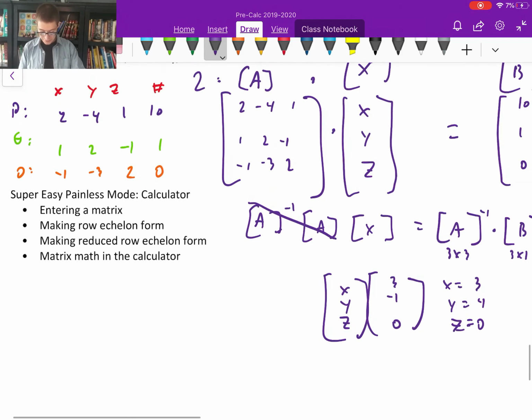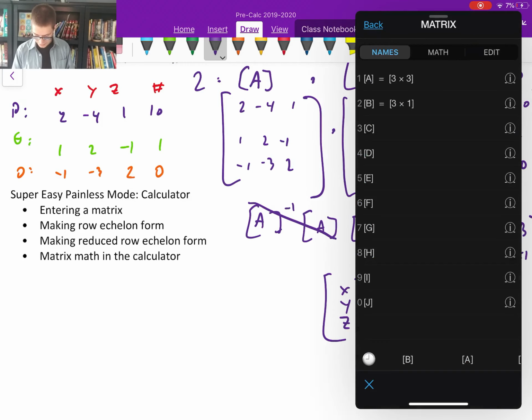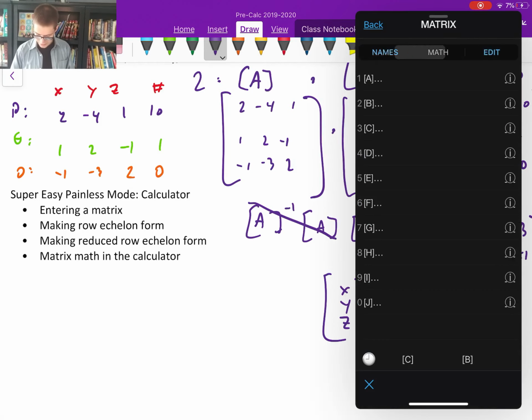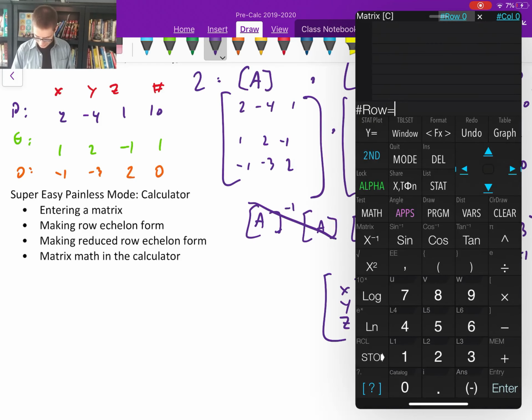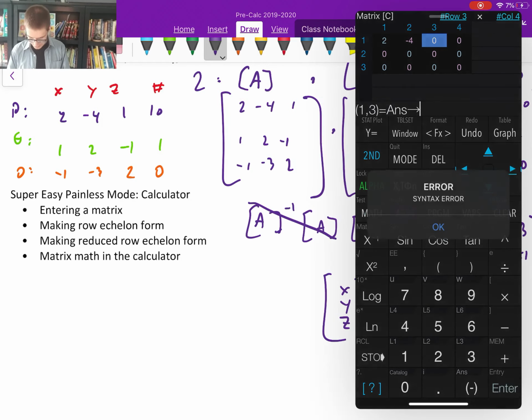Quickly, if I also put in the rest of the matrix, let's say I made matrix C. I'm just going to put in a third one. I'm going to go back to matrix, edit, matrix C, and let's say I want to make a 3 by 4 matrix. And put in the full thing. 2, -4, 1, 10.